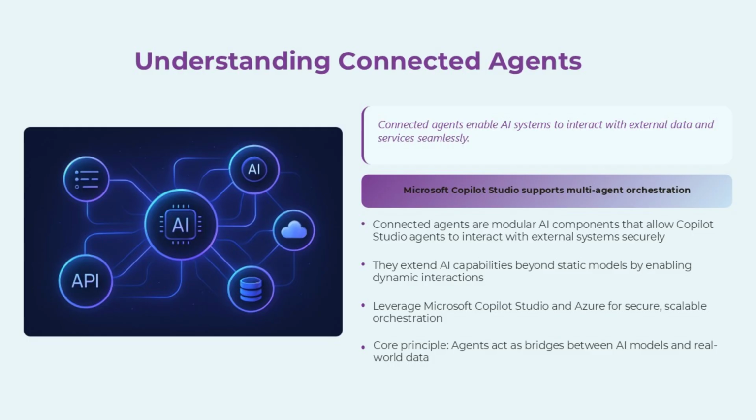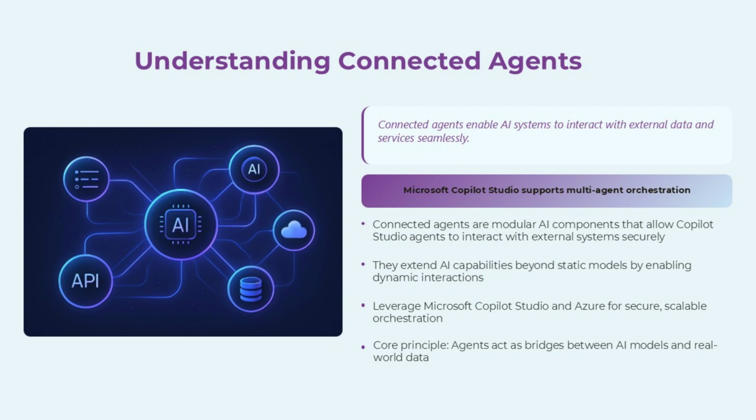Connected agents enable the AI systems to interact with external data and services in a seamless manner. And Microsoft Copilot Studio supports multi-agent orchestration. Connected agents allow the Copilot Studio agents to interact with external agents built using multiple different platforms in a seamless and secure manner.